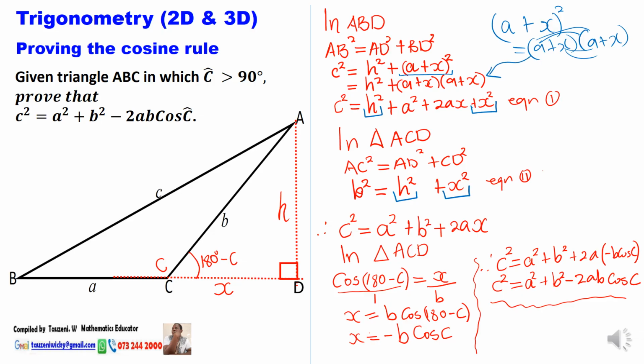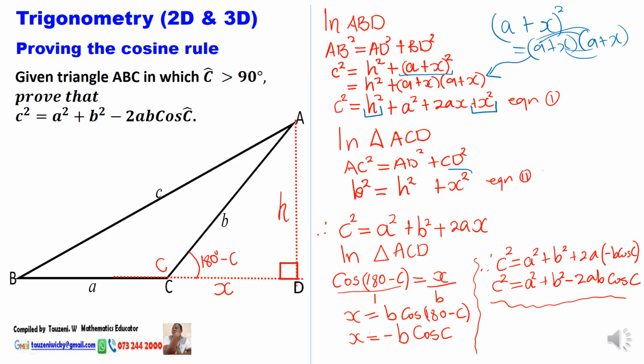Then after that, you go to the next triangle, which is now triangle ACD, and you do the same thing. You express the theorem of Pythagoras there, and once you do that, we notice that b squared is equal to h squared plus x squared.